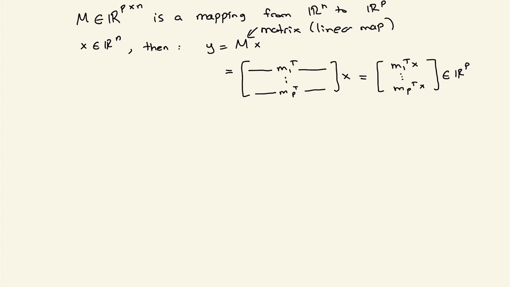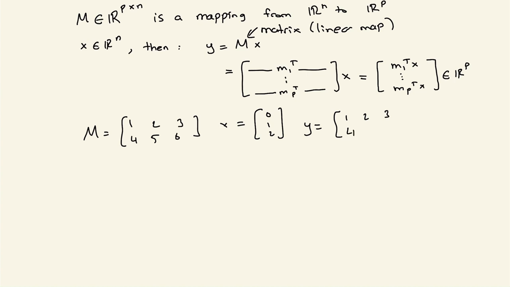We can do a simple example. For example, let's say M is [1, 2, 3; 4, 5, 6]. Let's say x is [0, 1, 2]. Y is basically their multiplication. When you multiply this together, 1 multiplied by 0 plus 2 times 1 plus 3 times 2.